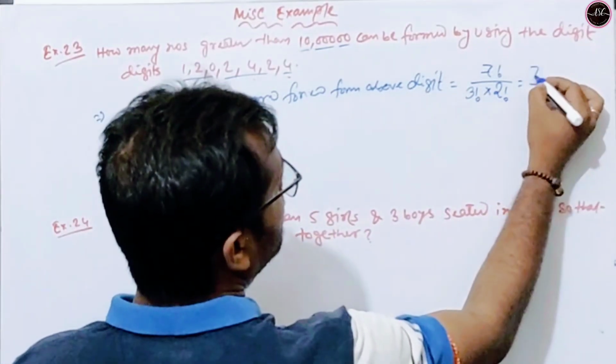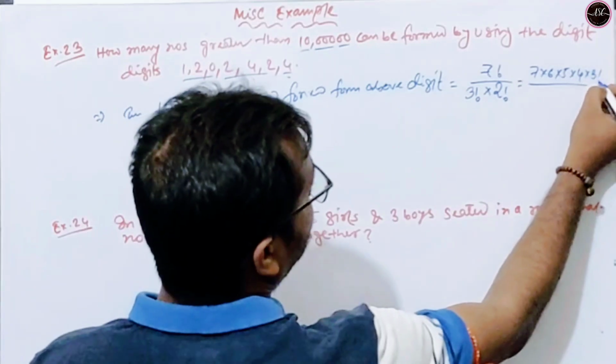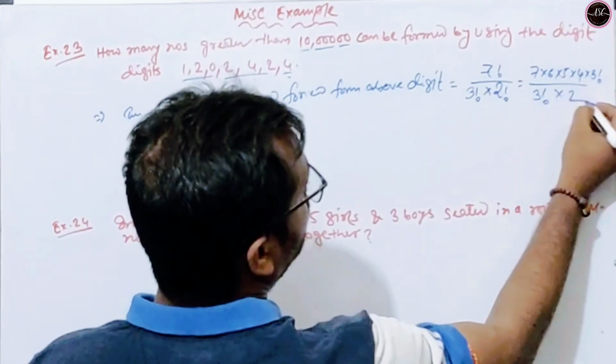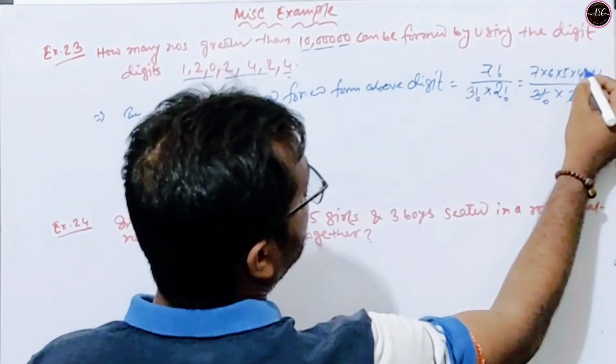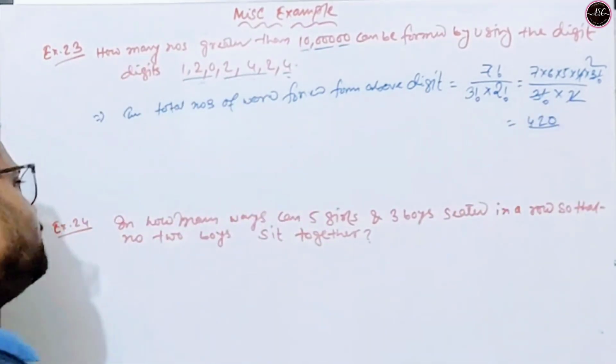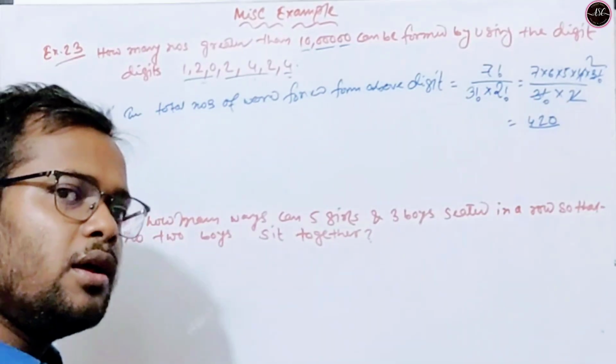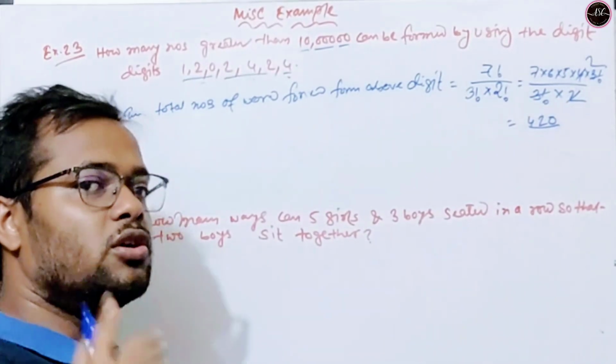So we have 7 into 6 into 5 into 4 into 3 factorial divided by 3 factorial into 2. Just cancel out 3 factorial and here 2, 420.